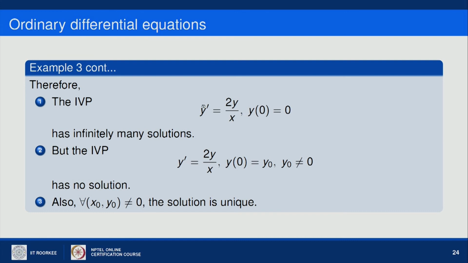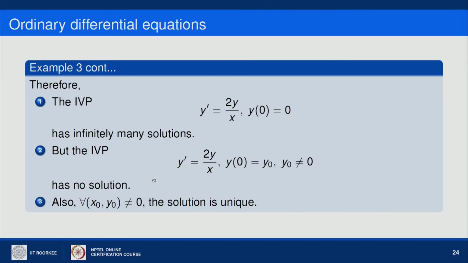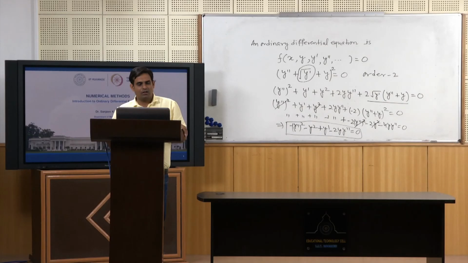But if I replace this 0 by some non-zero y naught, that is, any point on the y axis except the origin, then the initial value problem does not have any solution. Also, for all (x naught, y naught) where both are not 0, the solution is unique.